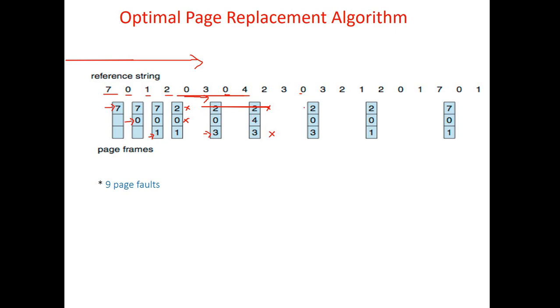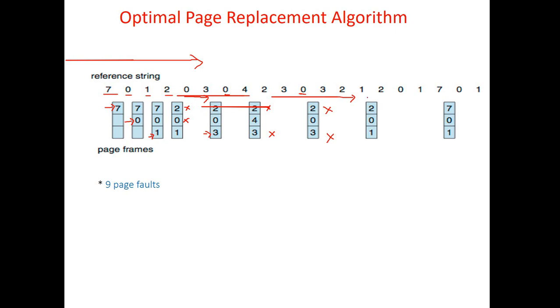Next, references to 2 and 3 do not cause any page faults, and again reference to 0 causes a page fault. So therefore, optimal page replacement algorithm looks ahead for a target page. So 3 is required, 2 is required in the near future. So 3 and 2 are not victim pages. So the only page left over is 0.